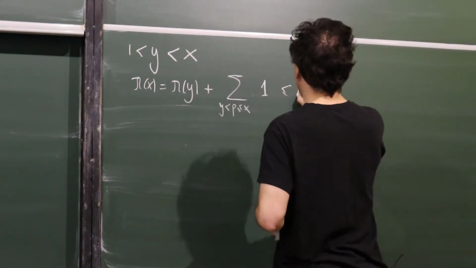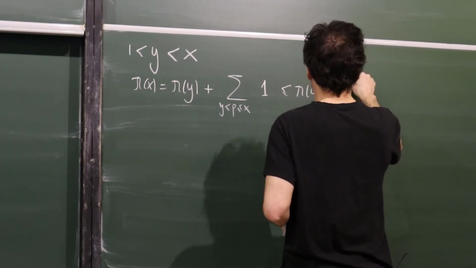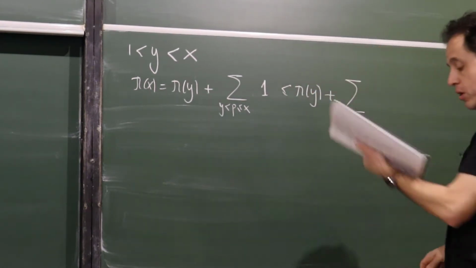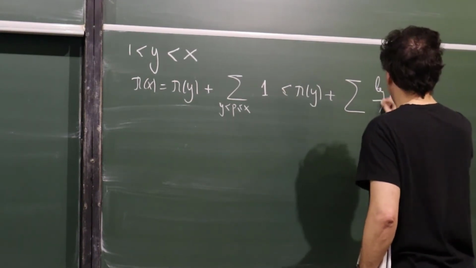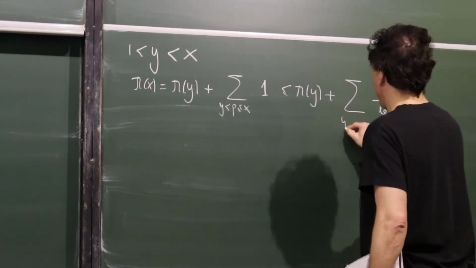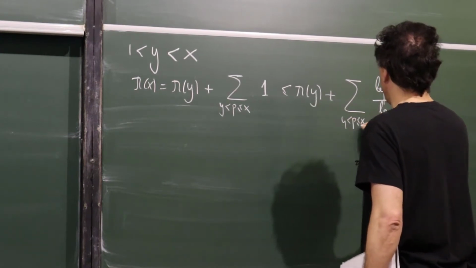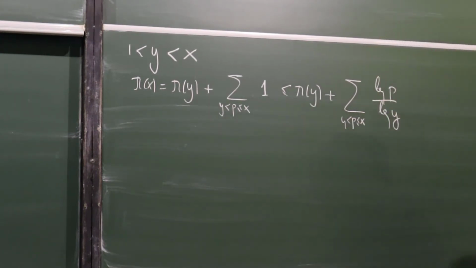This is more or equal, this is also quite tricky, plus the sum of log p over log y, where y is smaller or equal than p, smaller or equal than x. Of course, because this is greater than 1.